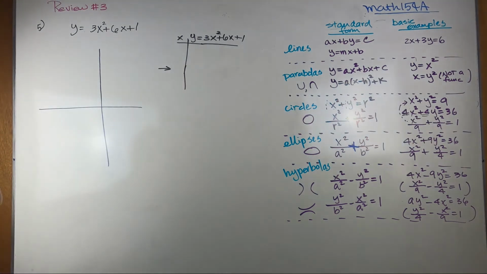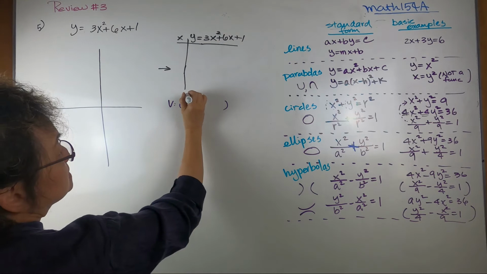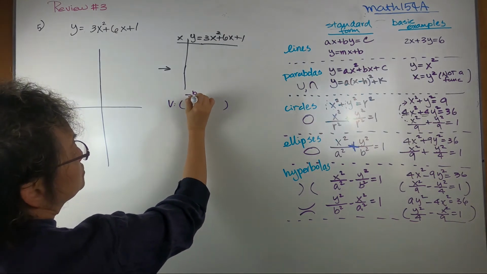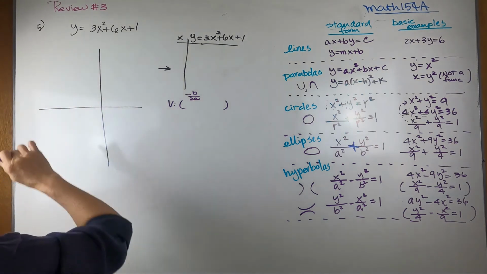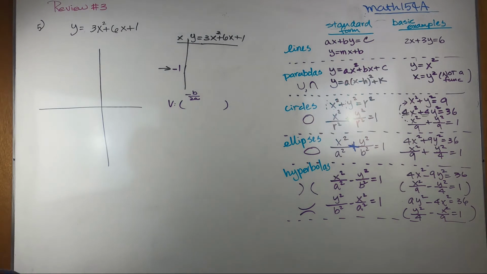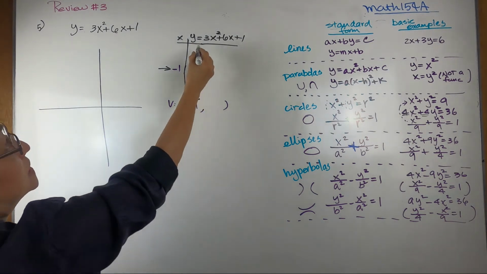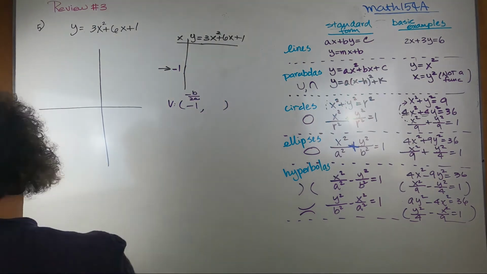Find your vertex. So where is your vertex? We say the vertex is what? Negative b over 2a, right? So negative 6 over 2 times 3. So negative 1. Okay? Then you plug in here, negative 1, that will be 3 minus 6 plus 1.